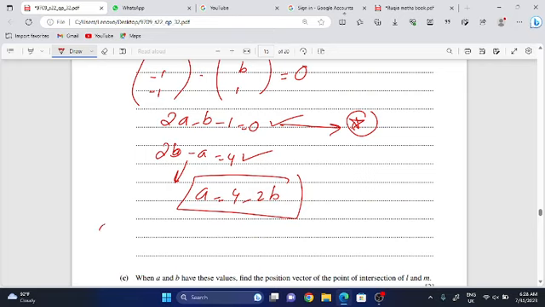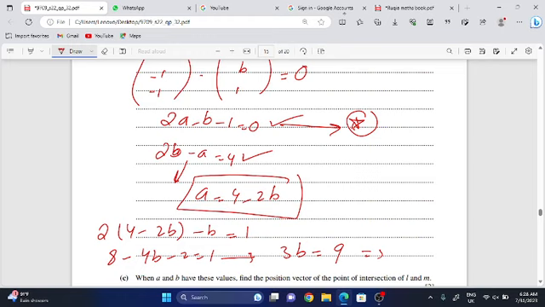That yields 2 times (4 minus 2b) minus b, which is equal to 1. 8 minus 4b minus b is equal to 1, and that gives me 3b is equal to 9, and further b would be equal to 3. I figured out the value of b.